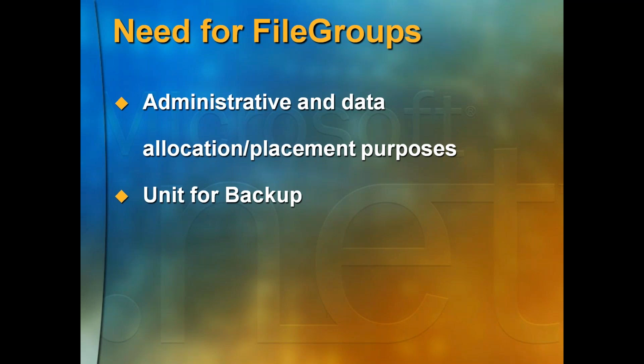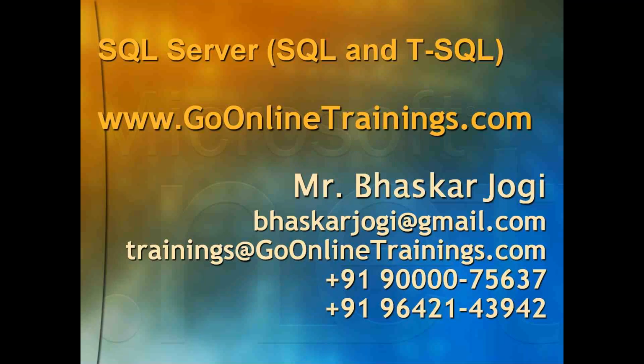For example, I say John data, Bhaskar's data. Why do we need to create two folders? I can take the backup tomorrow of John data. I wanted to delete tomorrow John's data. I wanted to delete my data, Bhaskar's data. If I create a folder, the placement and allocation is very, very easy. I can easily take a backup, copy, paste, move, cut, whatever I want to do, I can easily do it. That is the need for the file group. Okay. So do you have any questions?